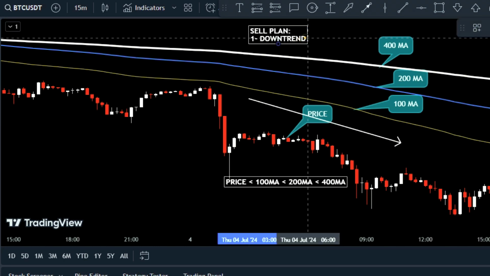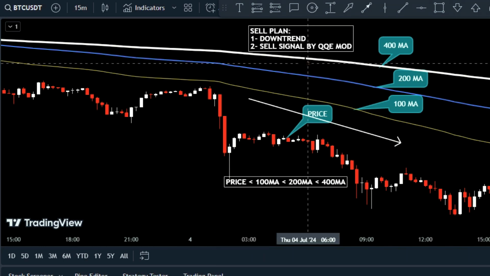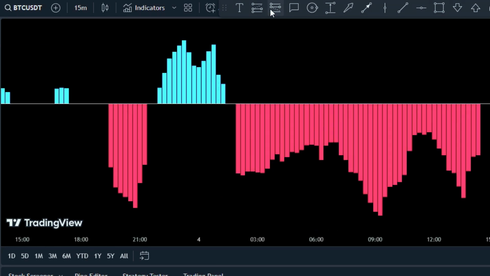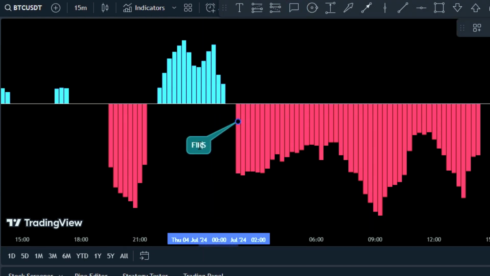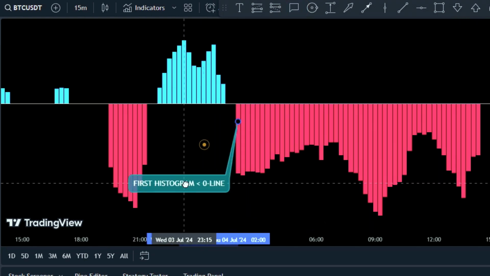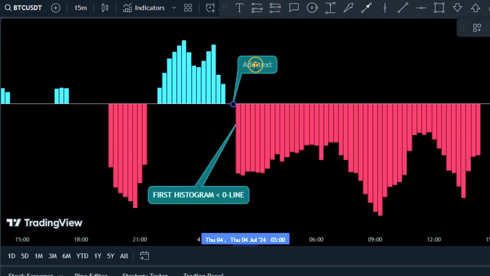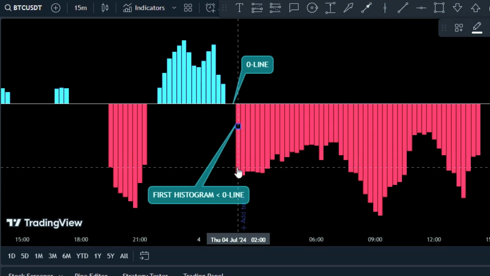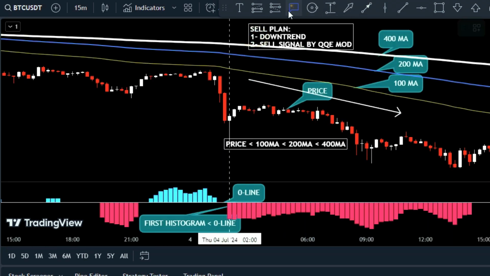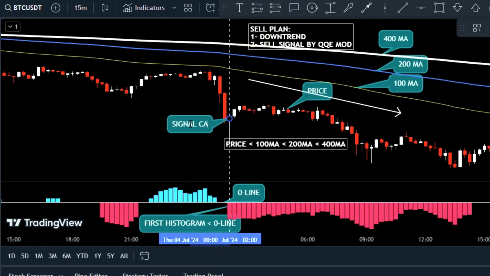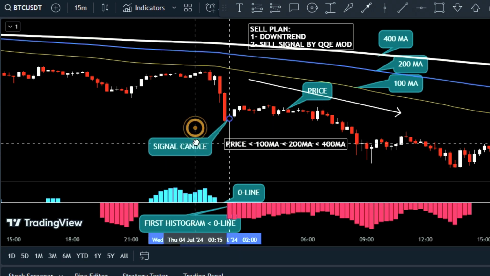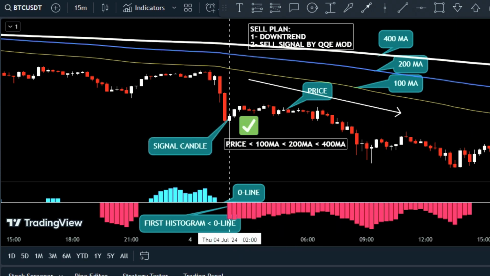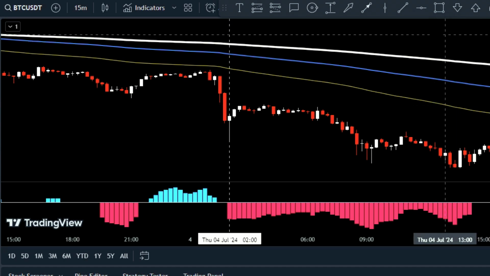And the second condition is that the first histogram bar should be below the zero level. This would be our sell signal, and the corresponding candle would be our sell signal candle. So, once these conditions are met, we can proceed with a short trade.